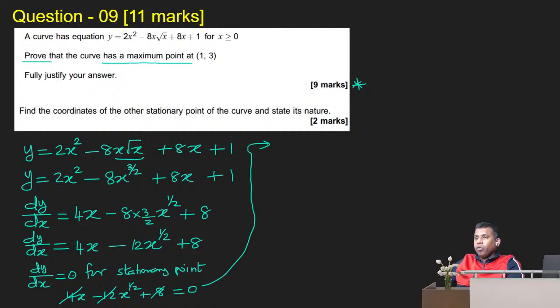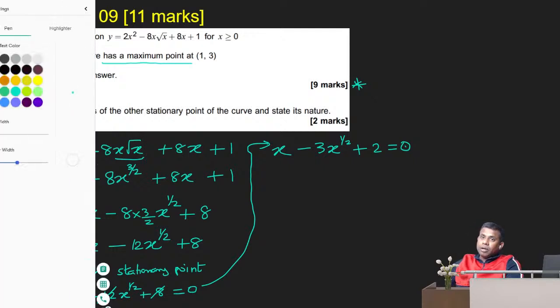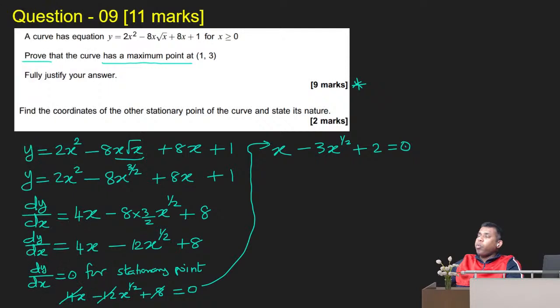If I divide by 4, x minus 3x to the power half plus 2 equals 0, right? Now here comes the problem. You need to know how to solve this one. I think in your AS book 1, there's a topic on different methods of solving quadratic equations.